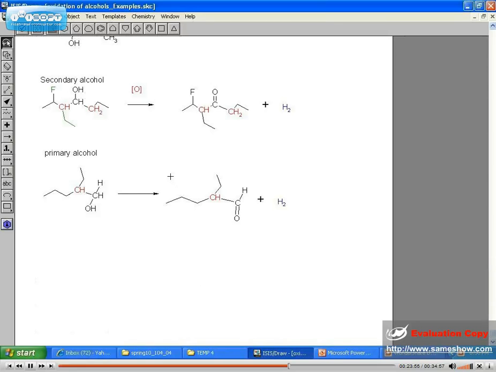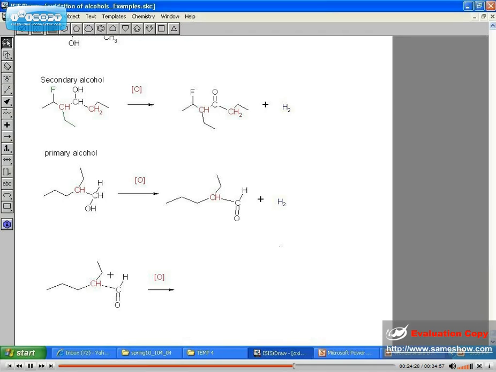I'm going to take this one right here, and I'm going to create a brand new question. And here's my starting reactant. Here's my oxidation agent. Whoops, you know what? I didn't even have one here, did I? Let me put that there. Here's my oxidation agent.